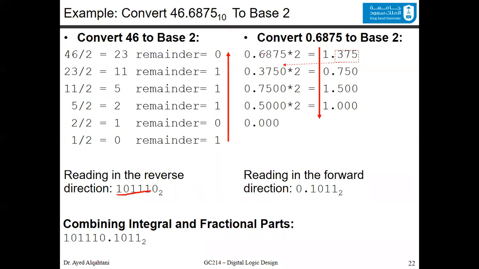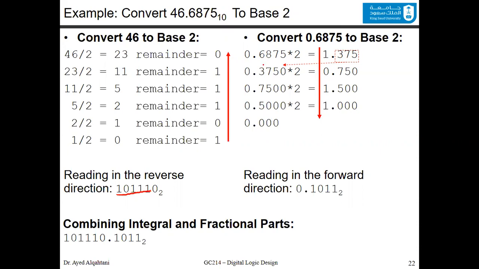The fraction part, you multiply by 2. Now, if you multiply by 2, you can generate a pure fraction or a fraction with an integer 1. If you multiply 0.6875 by 2, it equals 1.375.